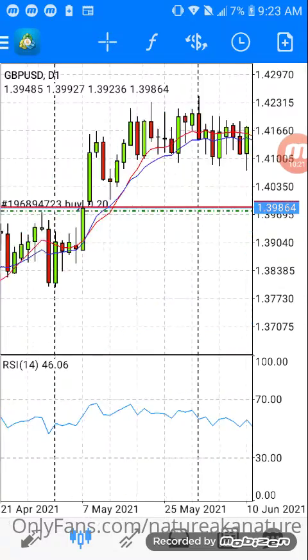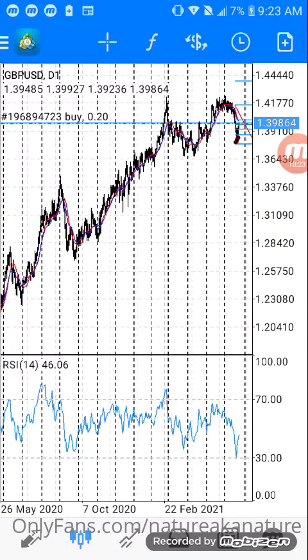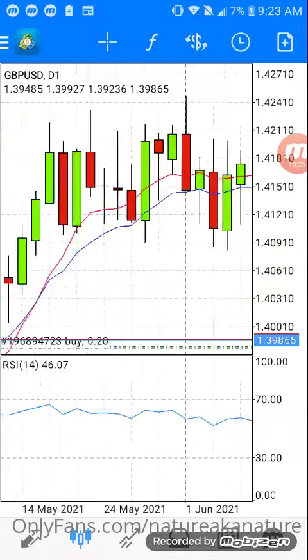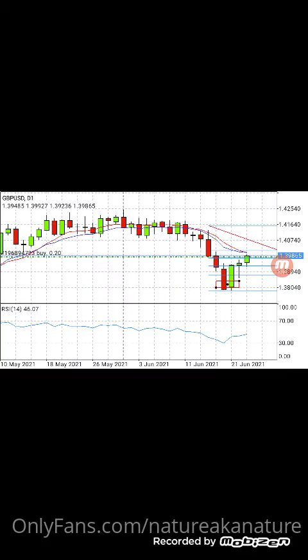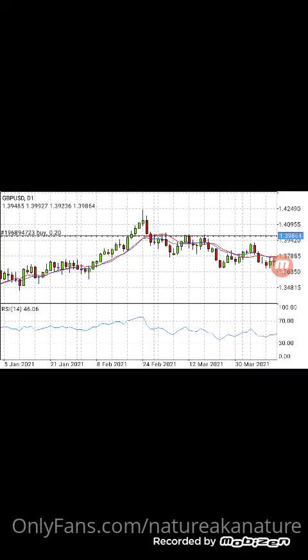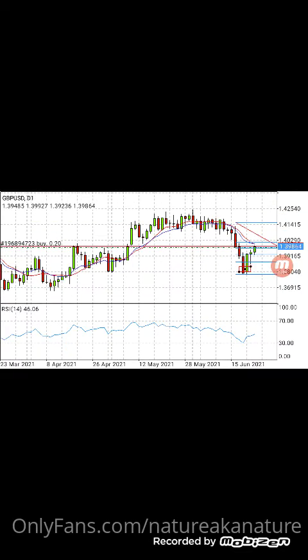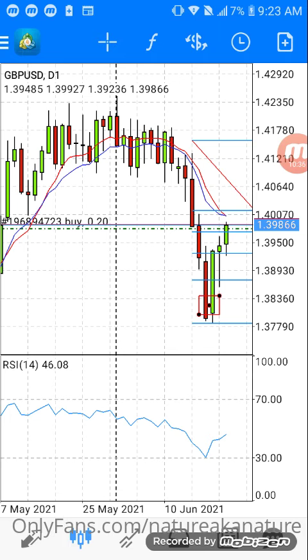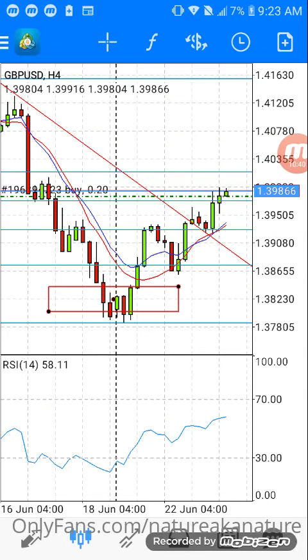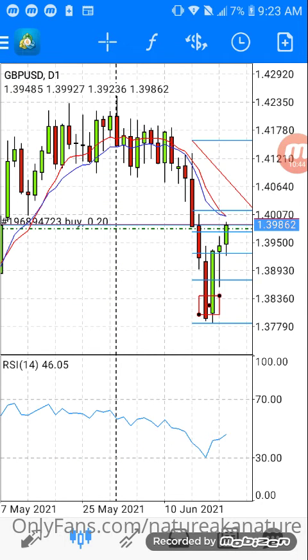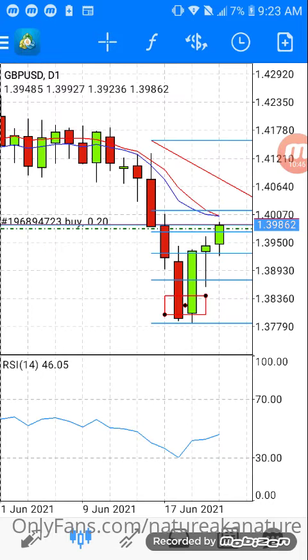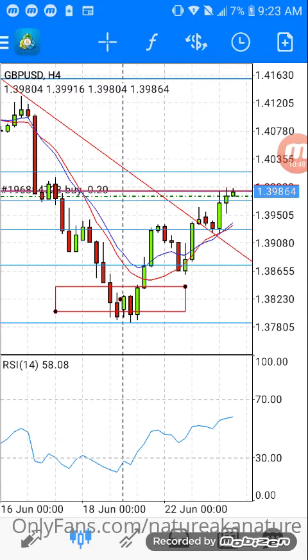Alright, let's see, turn it this way. Yeah, as far as the daily chart is concerned, price broke. See, on the 4 hour, it was a mini consolidation. Price didn't break that. On the daily, it broke that consolidation. On the 4 hour, it broke the consolidation too.